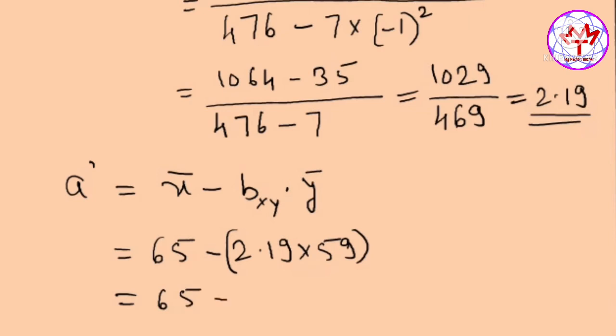So this is equal to 65 minus 129.21. So that comes equal to minus 64.21.